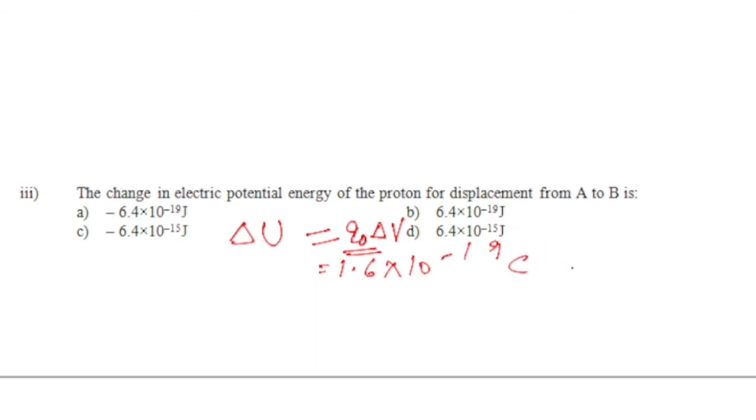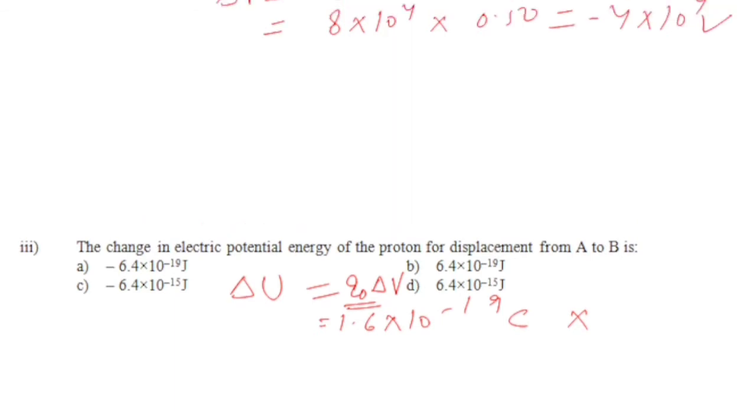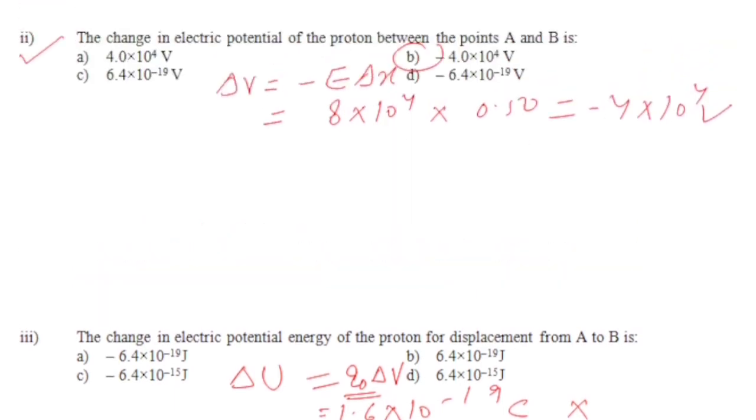And delta V, change in potential difference, how much did you get in the previous question? Minus 4 into 10 to the power 4. In the second question you got this answer, right? Change in electric potential is minus 4 into 10 to the power 4. So you use this value in question number 3.